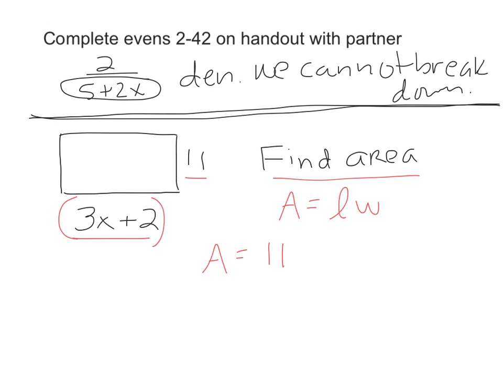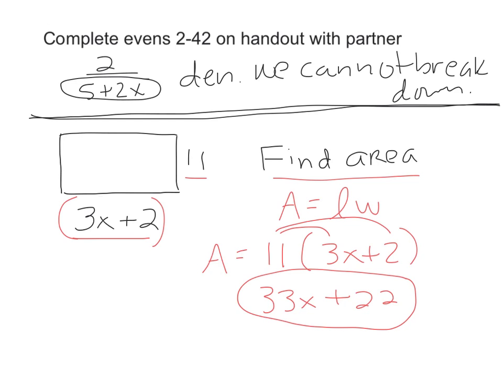So I have 11 times 3x plus 2. If you're asked to find this area, you should think of the distributive property. So 11 times 3x is 33x, and 11 times 2 is 22, and we're going to add. So the area of that rectangle would be 33x plus 22. We wouldn't be able to go any further with that until we knew a value for x.